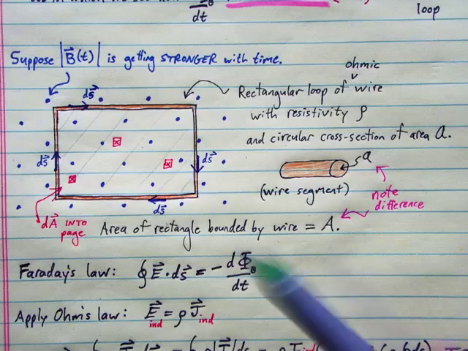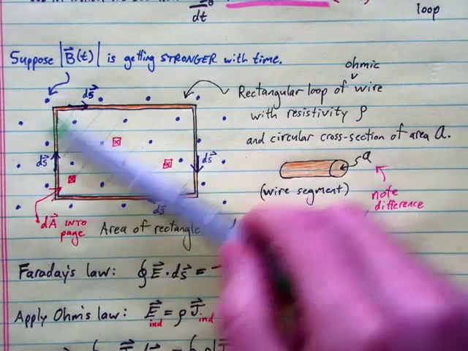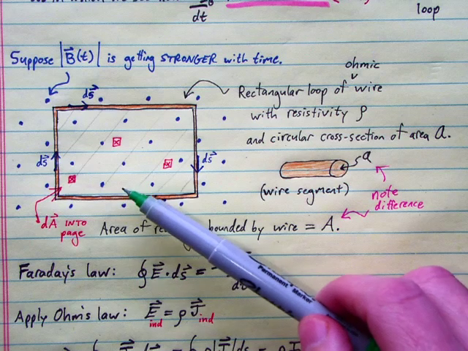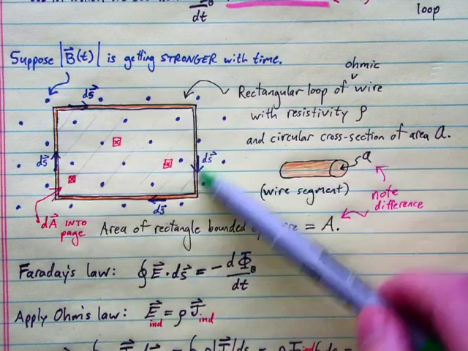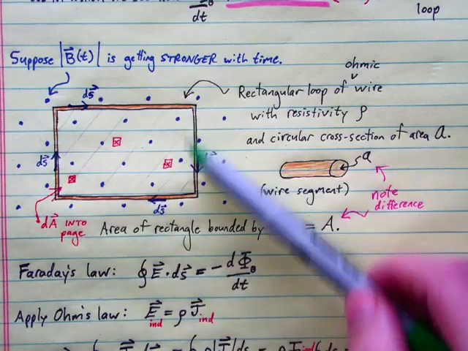Okay, so to get an induced current running clockwise, we must have an induced electric field circulating generally clockwise to drive that current.